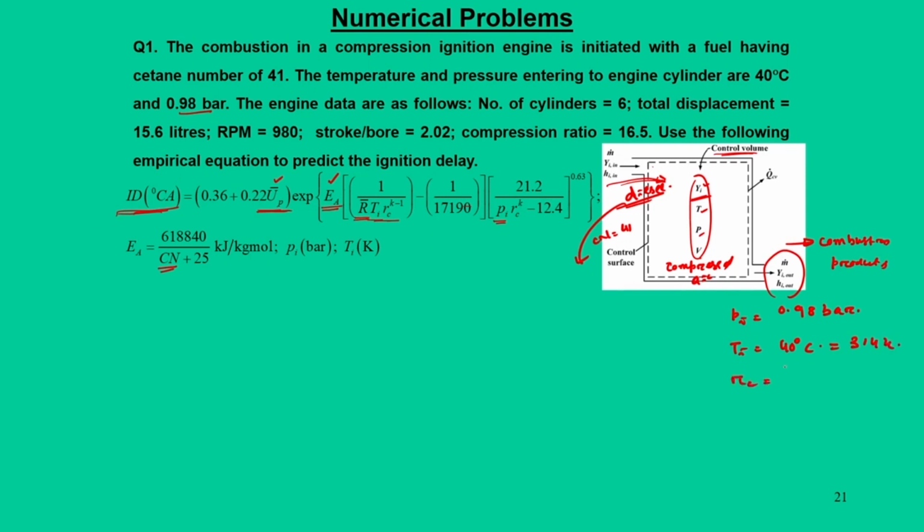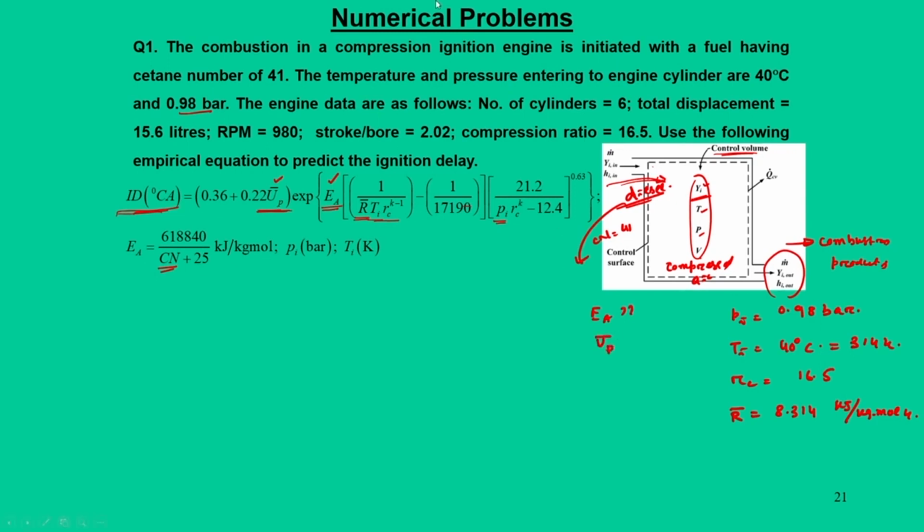RC, the compression ratio, is 16.5. R bar, the universal gas constant, is 8.314 kilojoule per kg mole Kelvin. So these data are given. What we do not know is EA and Up bar.